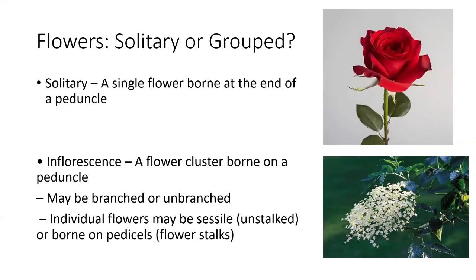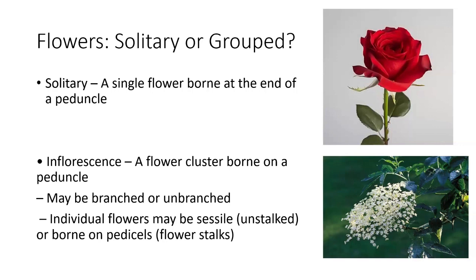Flowers can be classified as either solitary or grouped. Solitary flowers are a single flower produced at the end of a peduncle or receptacle, if you will. Sometimes the flowers can also be grouped, with multiple flowers on a peduncle. What we call the inflorescence is basically the arrangement of the flowers. And if it is a grouped flower, they can be either branched or unbranched.